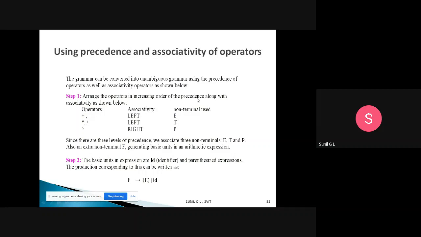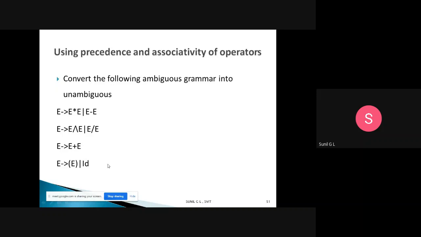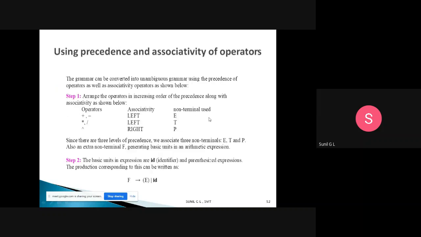E, T, P we have used, since there are three precedence levels. For the last one, E tends to E or ID, we also need one non-terminal, which will be represented with F. So E, T, P, and the last one F generate the basic units of arithmetic expression. First we derive the production for the basic unit, that is F tends to E or ID. This is the basic unit we have here.